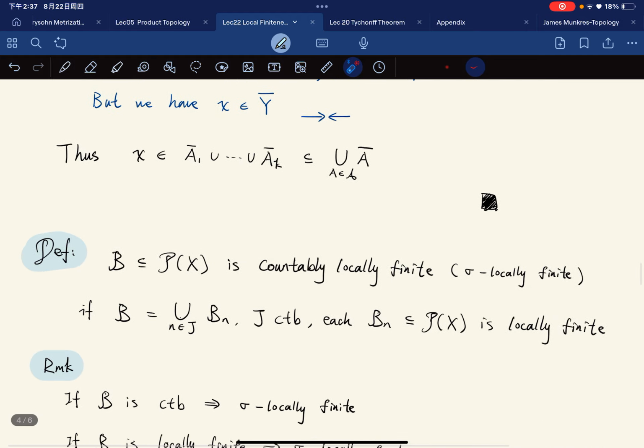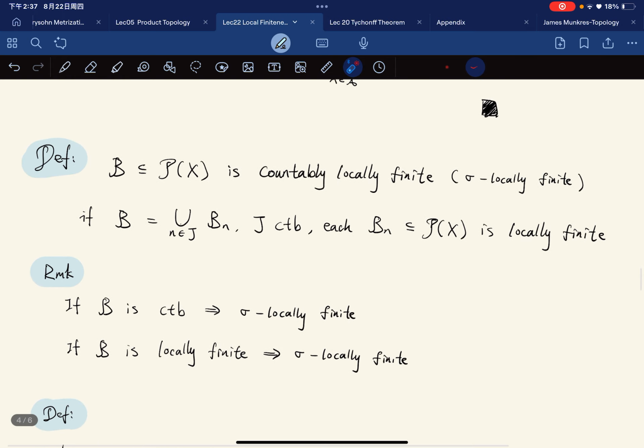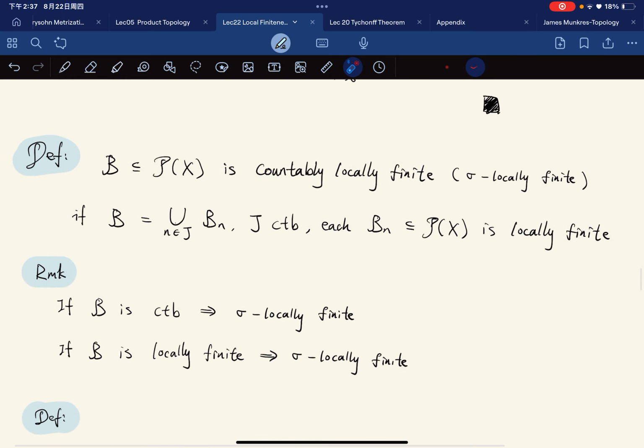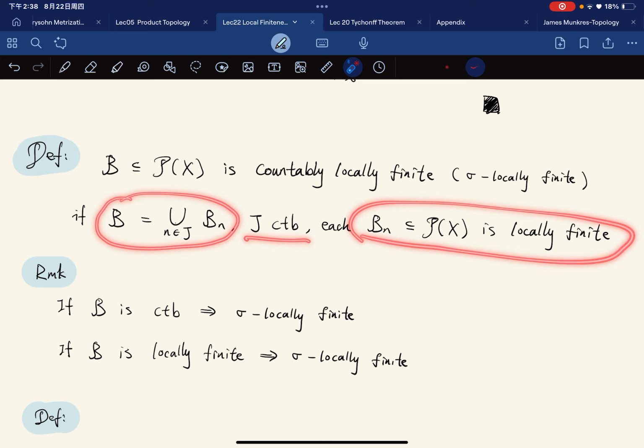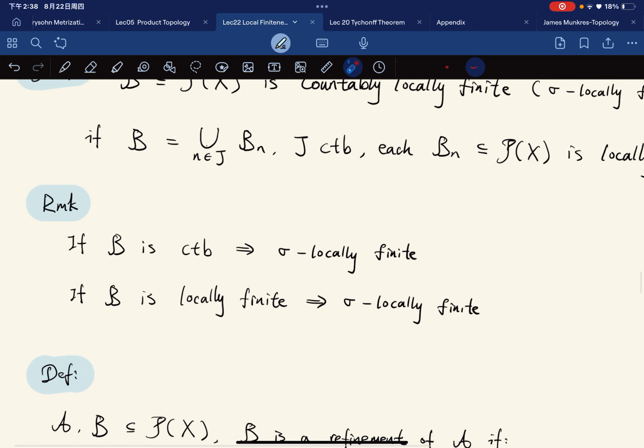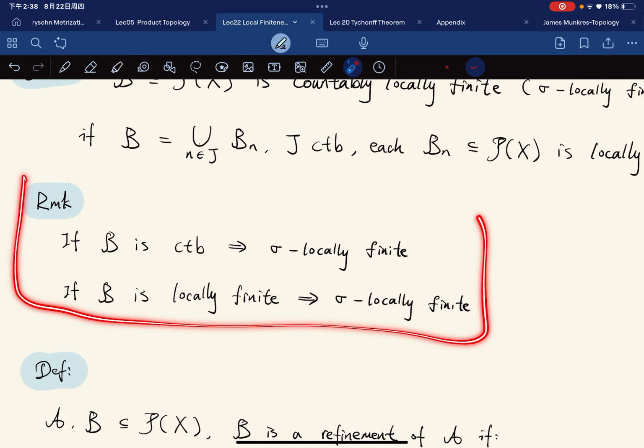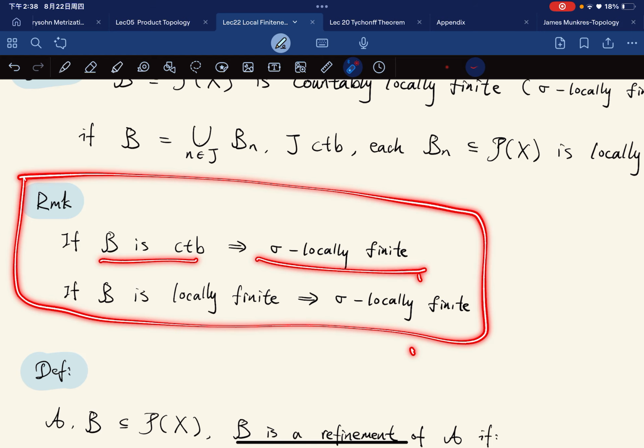And we make another definition, called countably locally finite or sigma locally finite: a collection is sigma locally finite if it is a countable union of locally finite collections. First, I have to let you know that countable sets are locally finite, and locally finite collections are sigma locally finite.